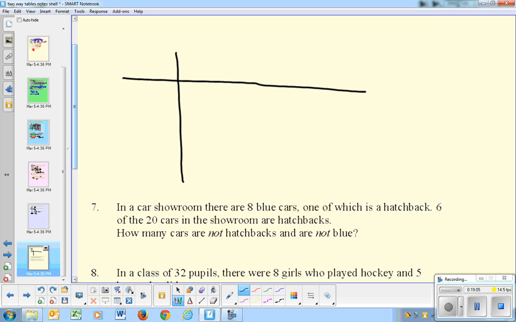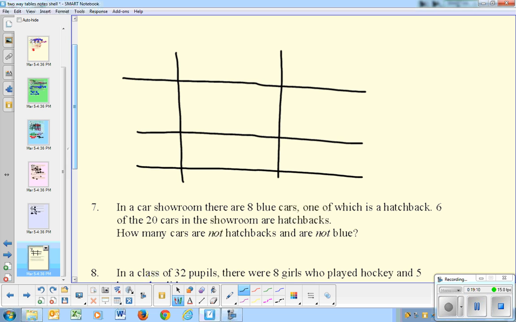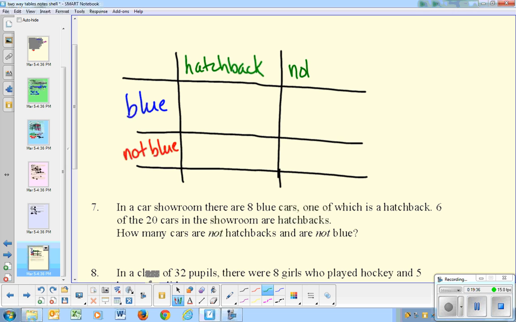And I think one of the things that's mentioned is blue versus not blue. So that seems to be a grouping. And then the other thing that's mentioned is having a hatchback car. That was kind of a common kind of car in my day, hatchback cars, okay? And then things that are not hatchback. Okay, so that might be our starting point. It does mention that there are 8 blue cars total.